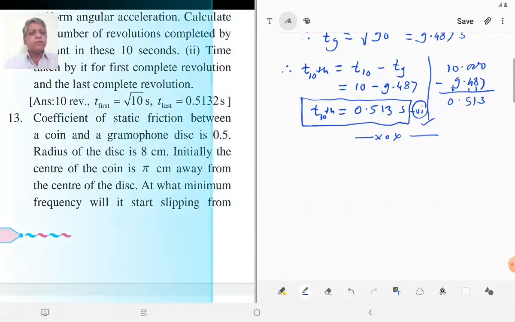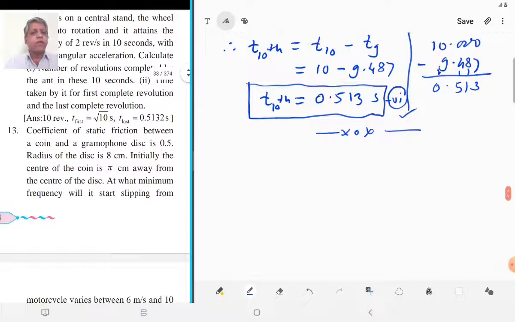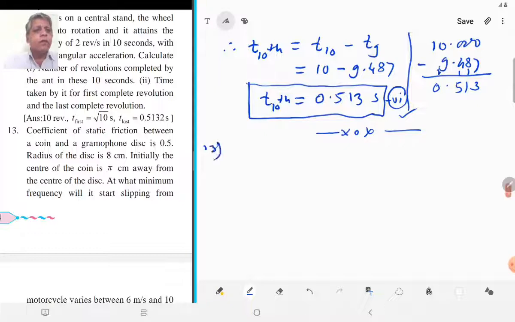From this numerical it is clear that a coin is placed on a gramophone disc.